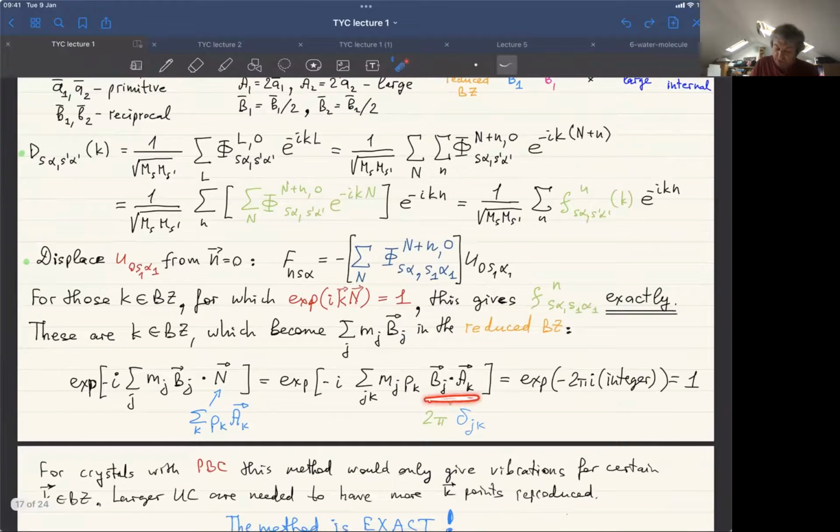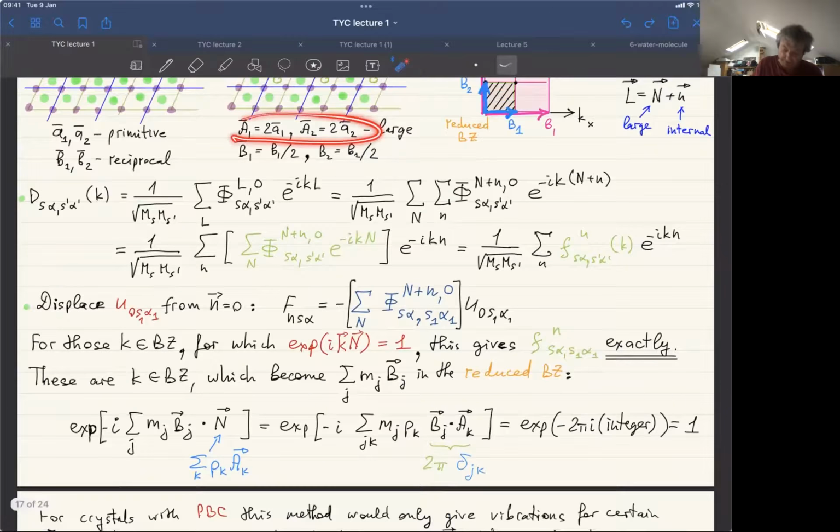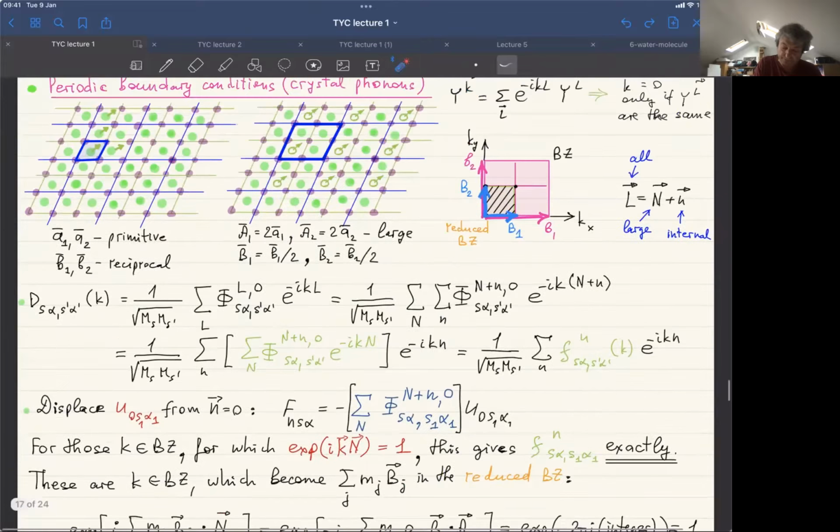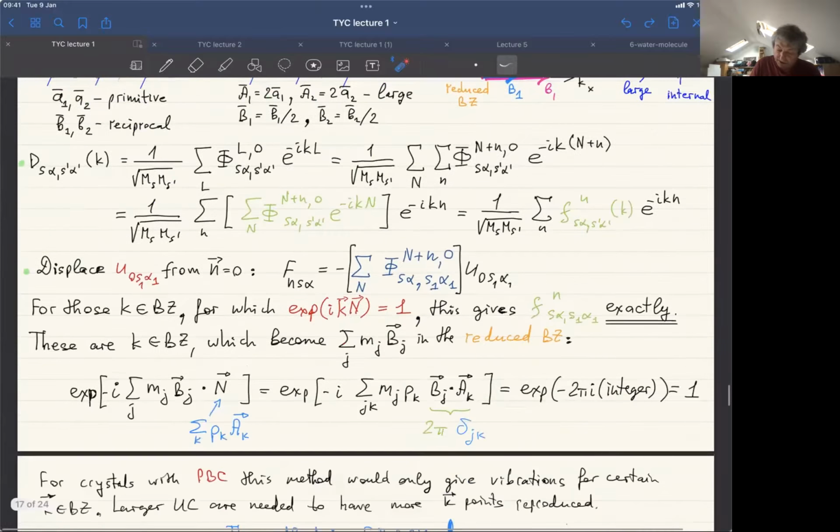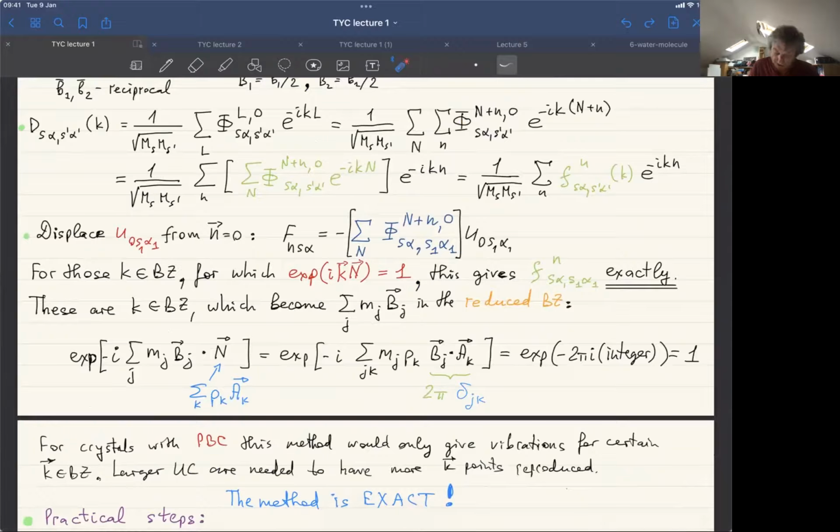The product of the two, capital B and capital A, where A are extended translations of my extended cell, would give me 2 pi and the Kronecker symbol. Therefore, that product, K by N, would give me 2 pi times an integer, and this exponential function would be 1.